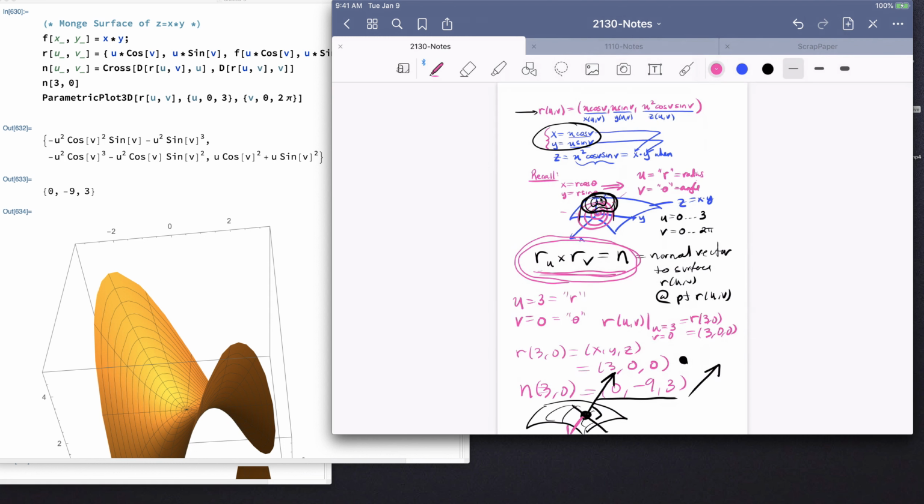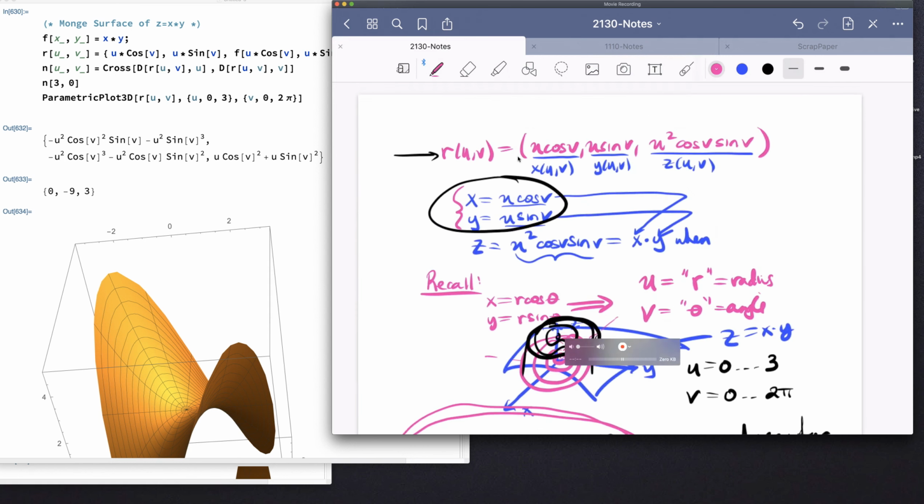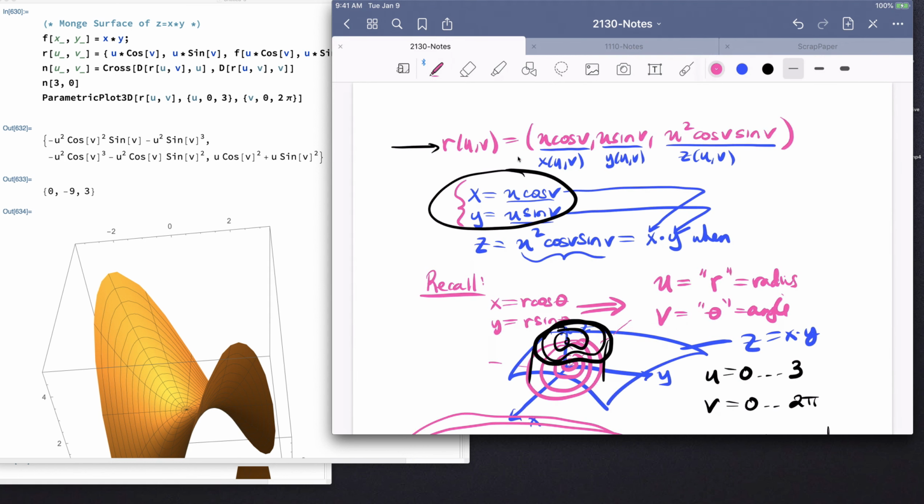It is the black arrow or the pink arrow, but they're both pointing normal to the surface. So ends this introductory video to more general surfaces described in essentially polar coordinates, the polar coordinates description of a surface.